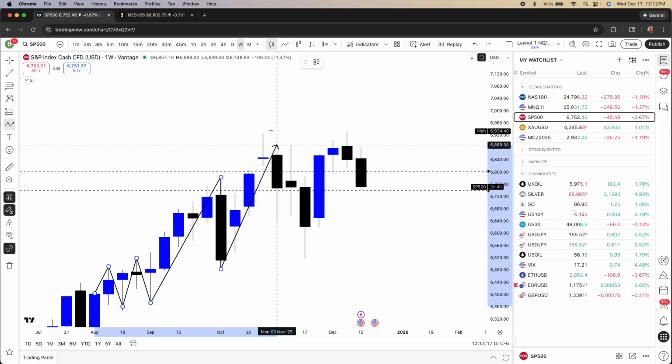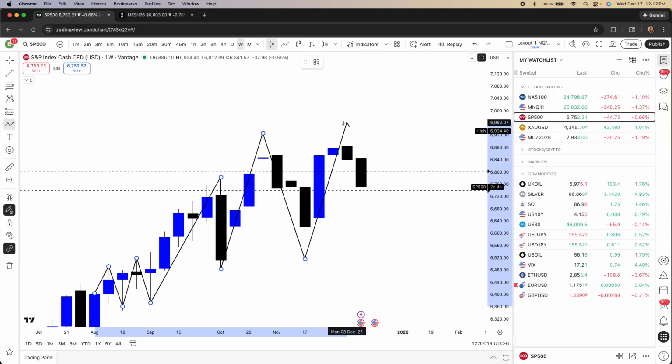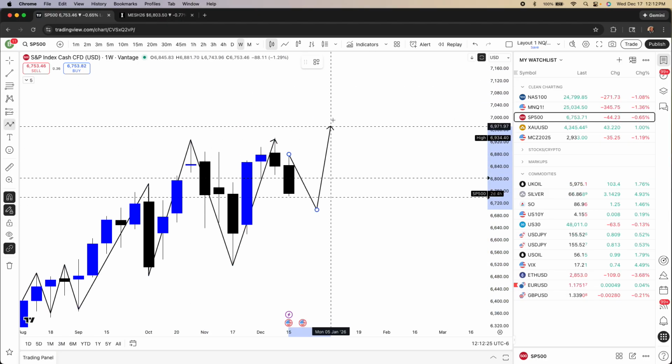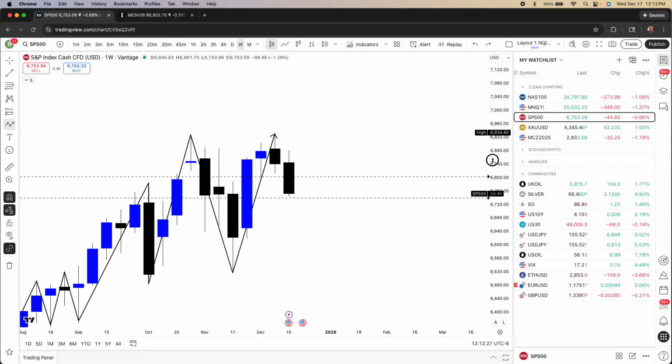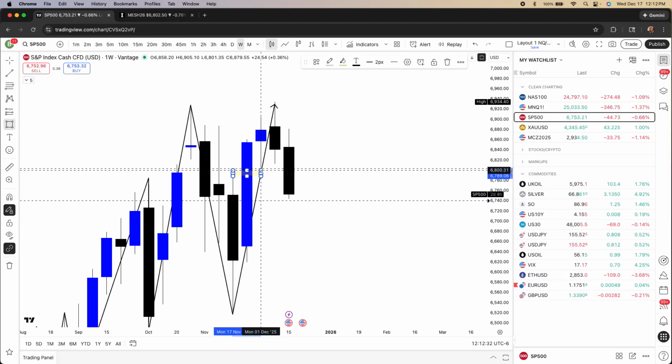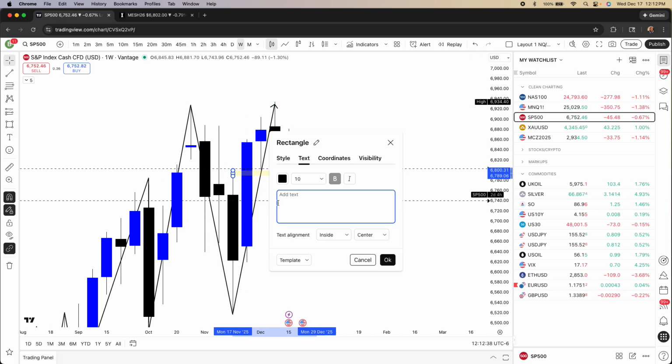And so I'm expecting potentially a higher low setup to then create a higher high on the weekly time frame from here to here. So we have a weekly imbalance that we are now trading or traded into. And so I want to see if we can get a bounce out of this lower weekly area.